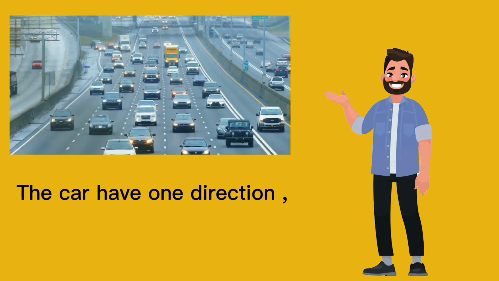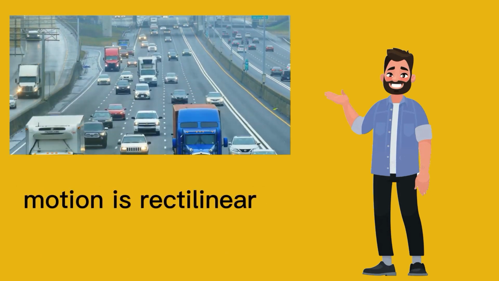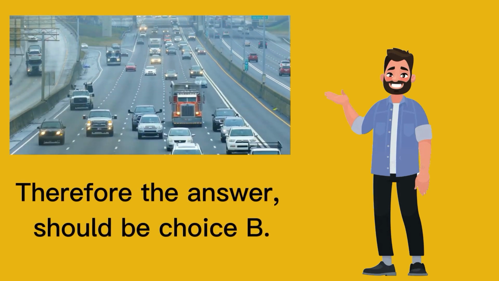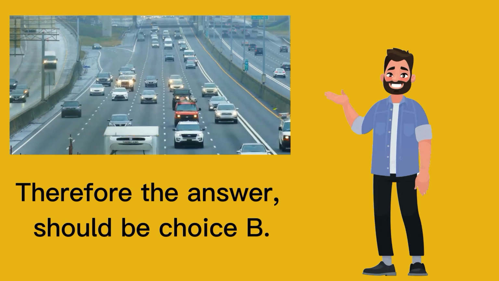As a result, the car has one direction. As a result, its motion is rectilinear. Therefore, if the car is moving on a straight level road, its motion is said to be rectilinear. So the answer should be choice B.